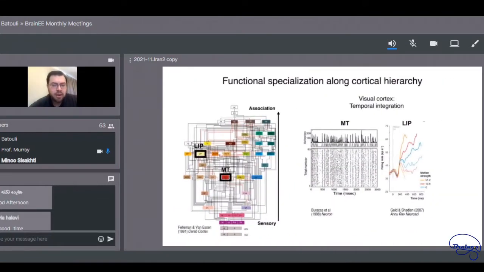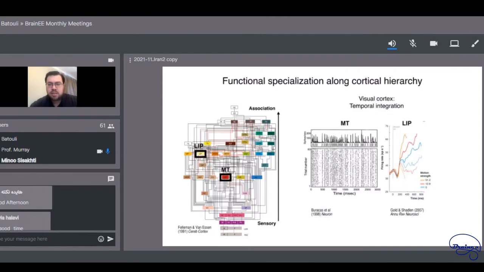So if we compare a lower sensory area like MT, we can see neural activity which tracks stimuli in a very fast dynamic way. And if we go to a more association area like LIP, we can get very slow ramping dynamics across hundreds of milliseconds, right? And so one hypothesis is that there may be something different in the local circuitry of MT versus LIP, of different cortical regions, which support fast versus slow temporal dynamics, for example.